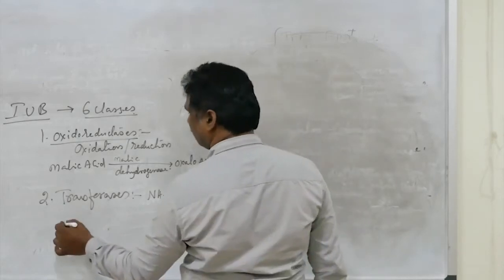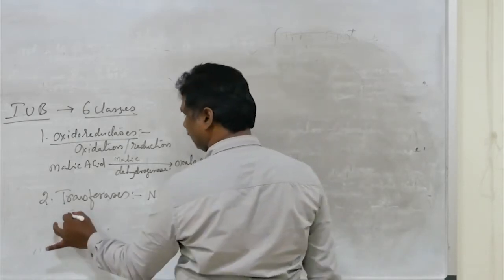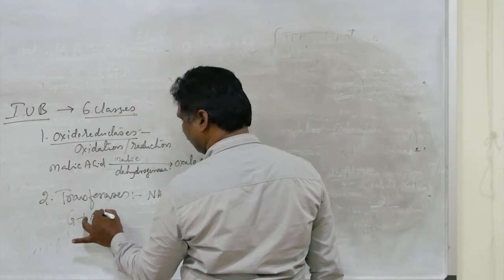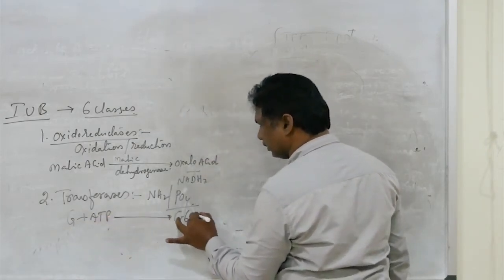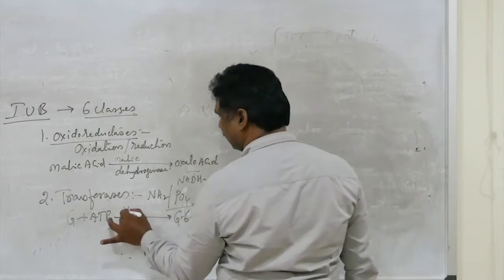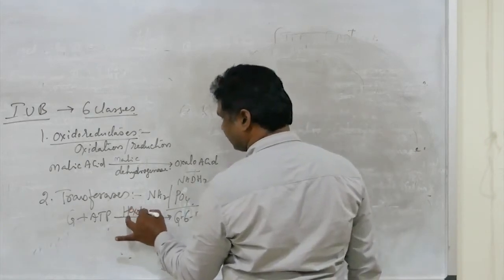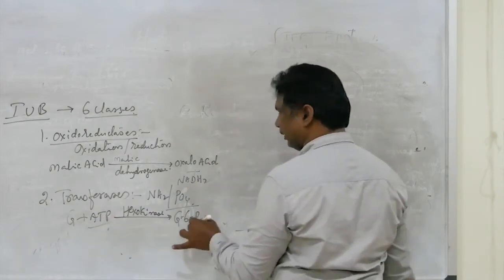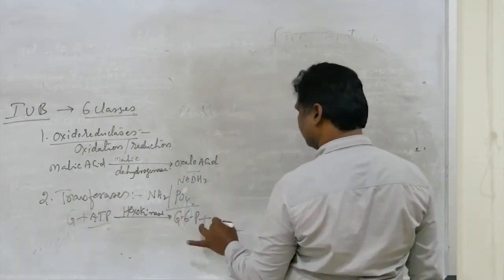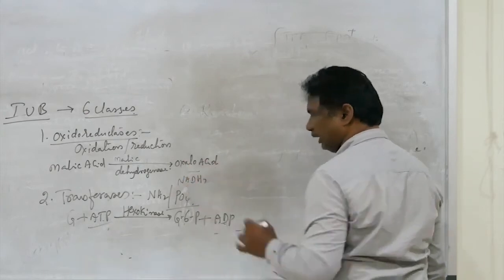Best example, the feedback inhibitor: glucose plus ATP gives glucose 6-phosphate in the presence of the enzyme hexokinase. The phosphate is transferred from ATP to glucose, so that becomes ADP.